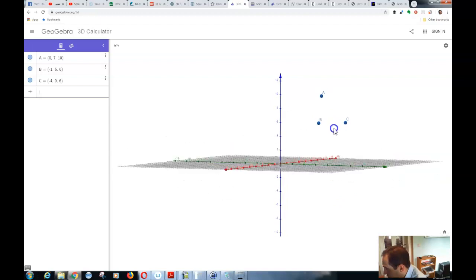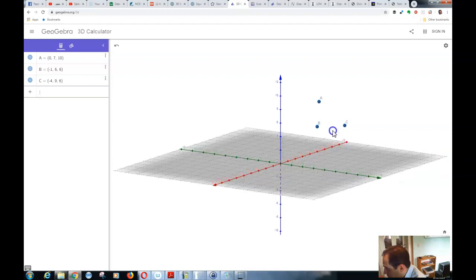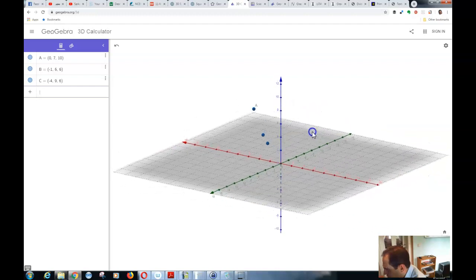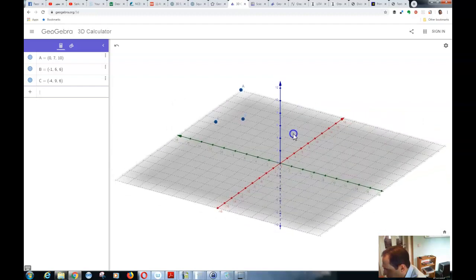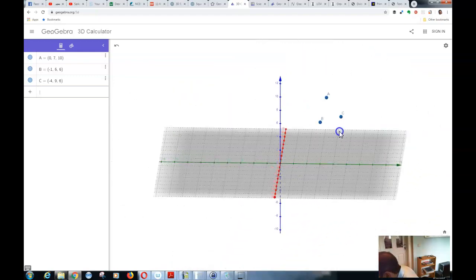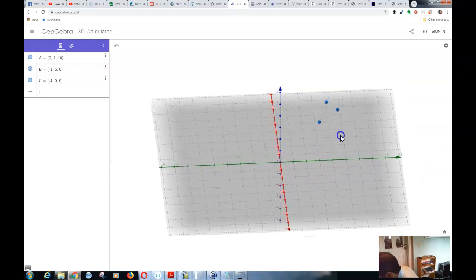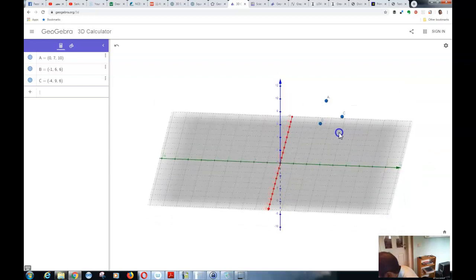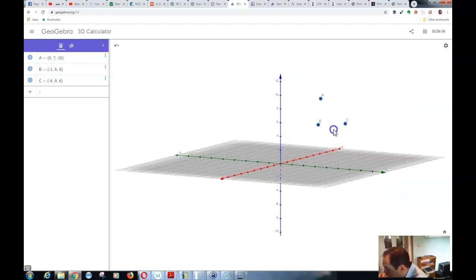But otherwise from here, for example, they are going to be a triangle. So if I move this around, I'm going to see a triangle over here.